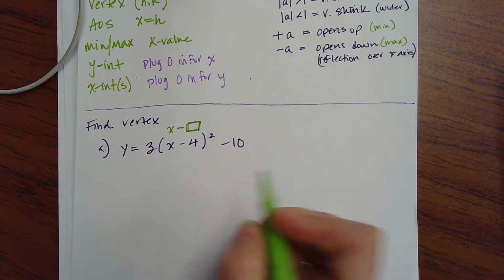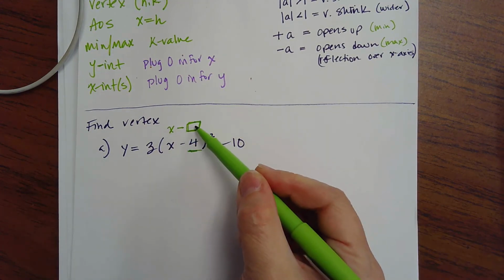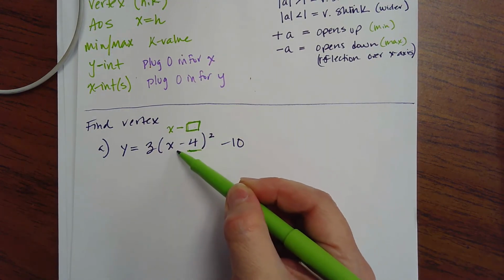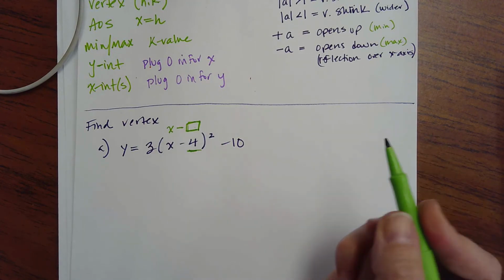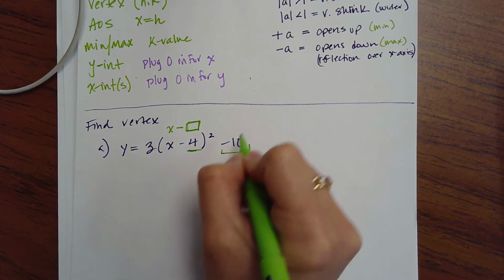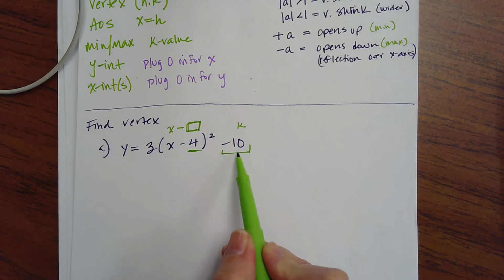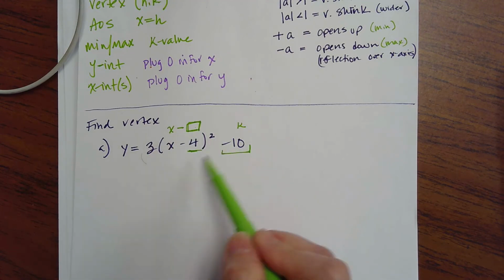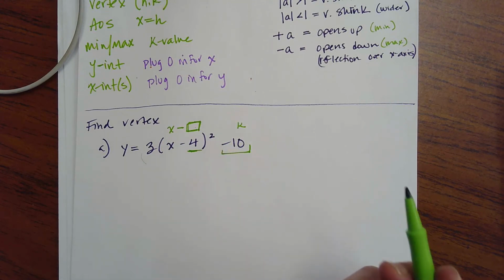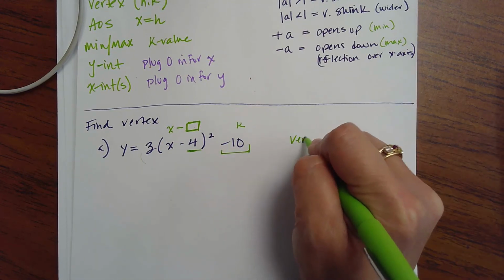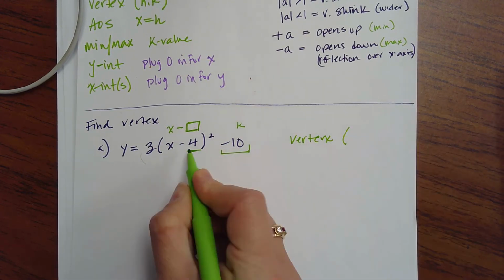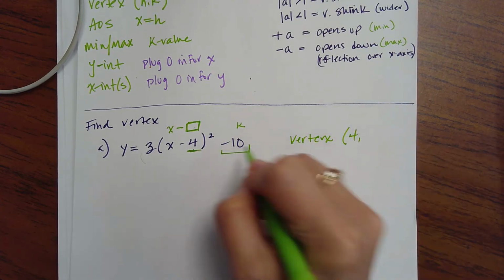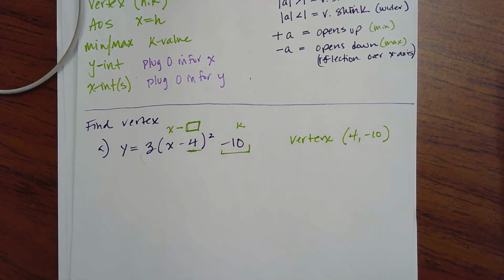So in our scenario here, what number I plug in for h has to give me what I have here in the parentheses. Your k value is the number being added or subtracted to the entire thing that's being squared. So whatever's being added or subtracted to the squared part of your equation. In my example here, my vertex would be (4, negative 10).